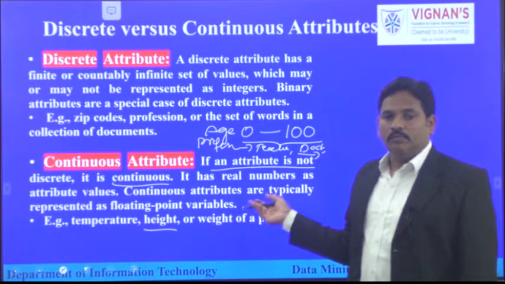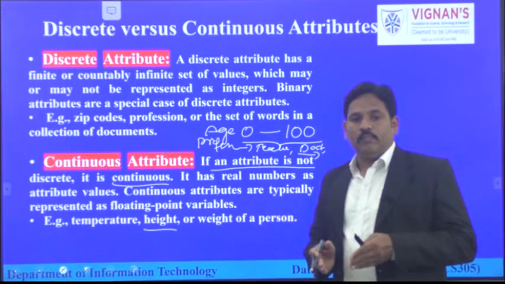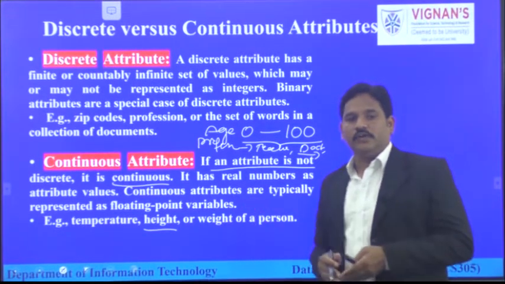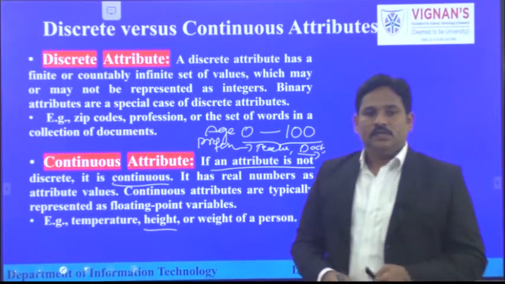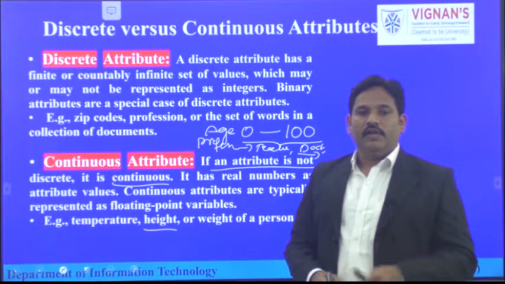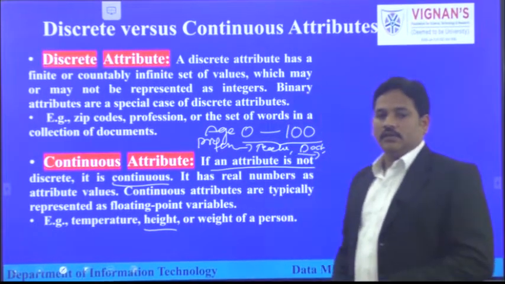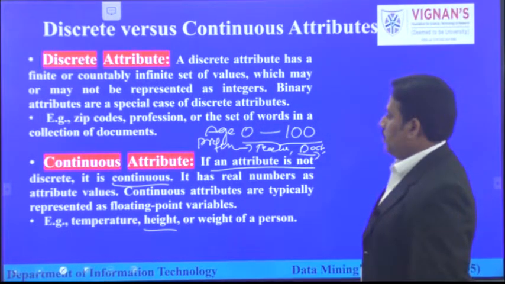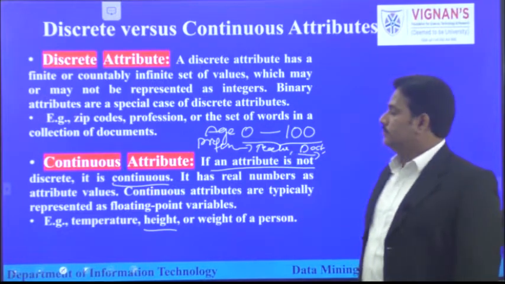That means the decimal part is also available in the data. When we are unable to make a finite count of that attribute, we can call it continuous. Temperature, weather forecasting, scientific calculations, salary information, weight of a person, height of a person can be treated as continuous attributes. So these are the two different types of attributes that can be categorized based on their characteristic.